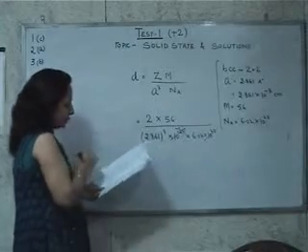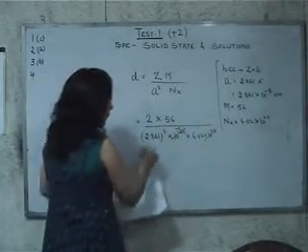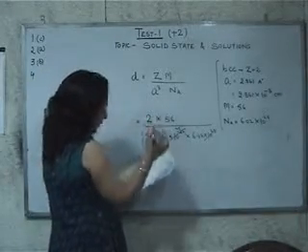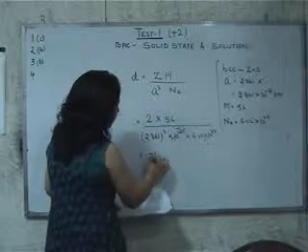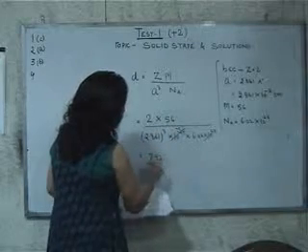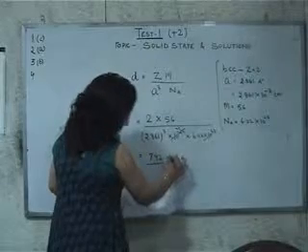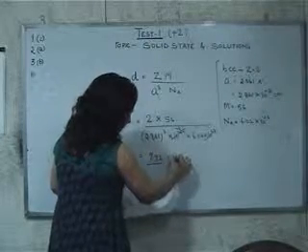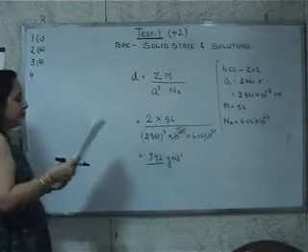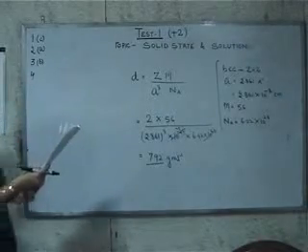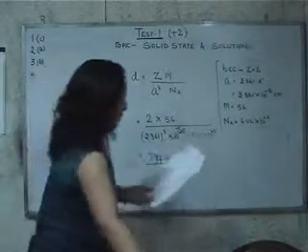This value is left. Now on solving this, you are getting the value 7.92 approximate gram per ml. Your option becomes 7.92, A option.